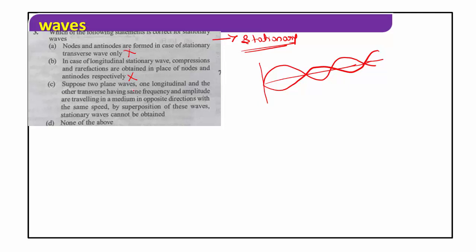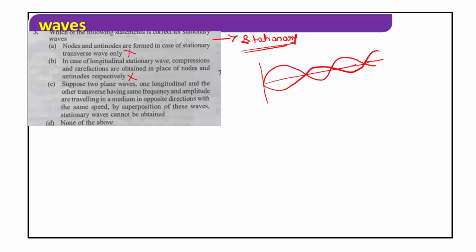Option C: suppose two plane waves, one longitudinal and another transverse, are having the same frequency and the same amplitude, traveling in a medium in opposite directions with the same speed.